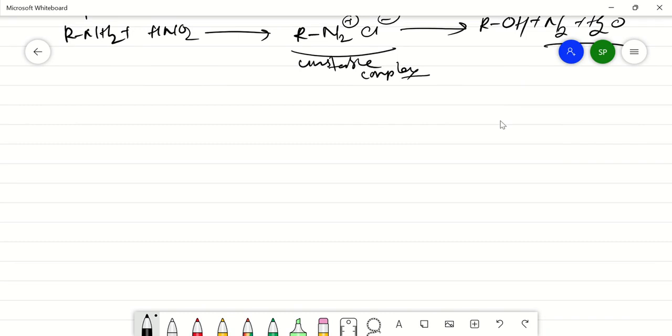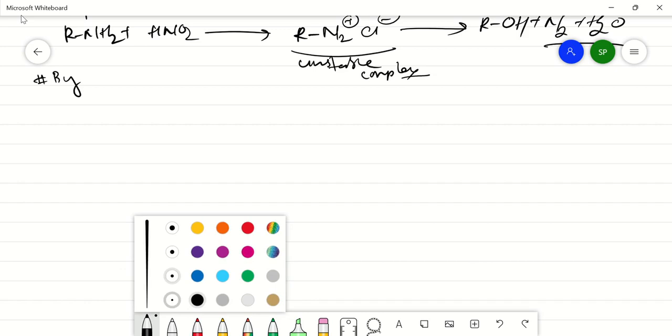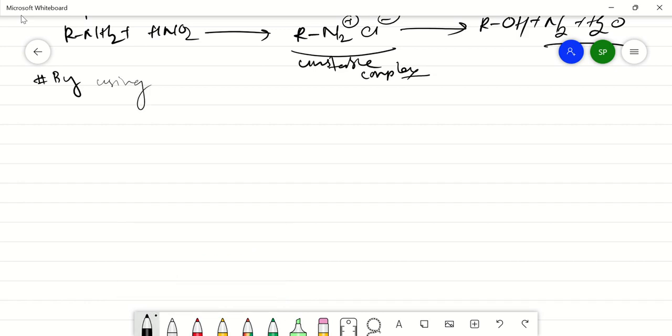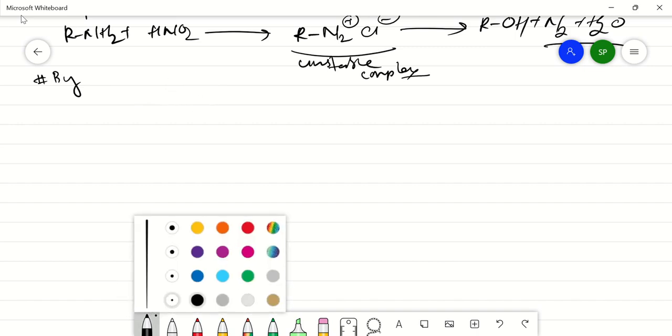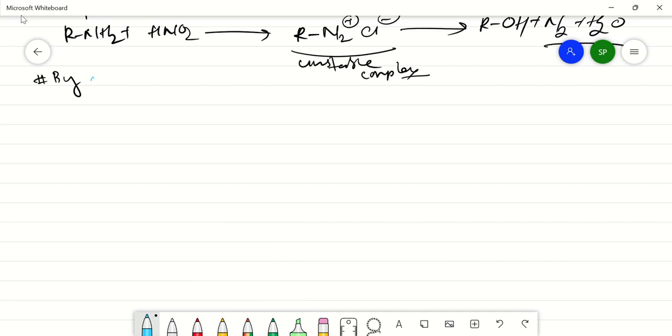First, we can produce primary alcohol by using Grignard's reagent.